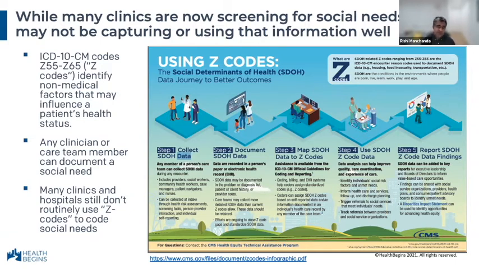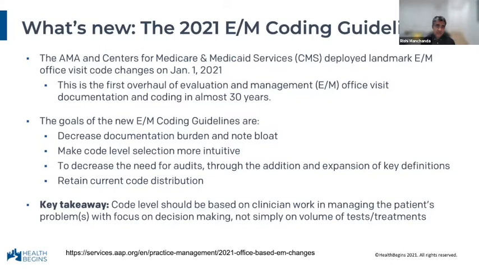But we also recognize that while that's happening, especially using these Z codes, as you see here, to capture information on the screen for social needs, to screen for non-medical factors that influence health, not a lot of settings are actually capturing that data. We're screening for it, but we're not necessarily capturing or using that information as well as we could. So that's the challenge we're presented with today. And in that context, the question is, what are these new coding guidelines and why do they matter? Sarah, I'll turn it to you.